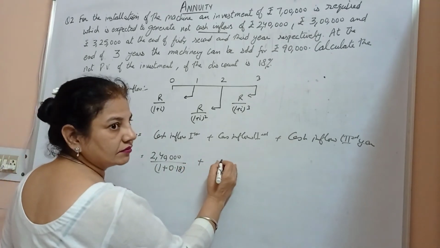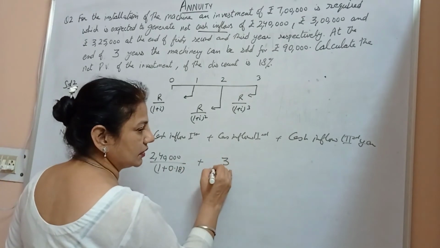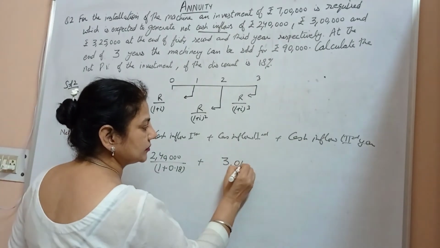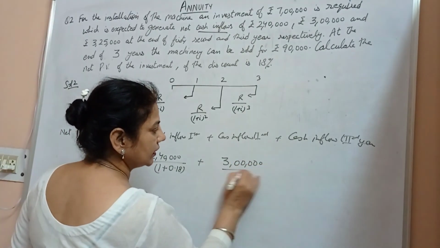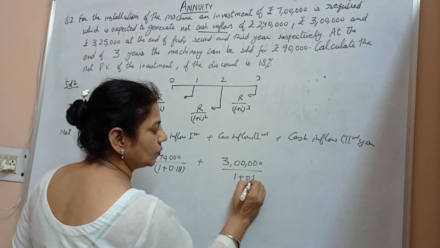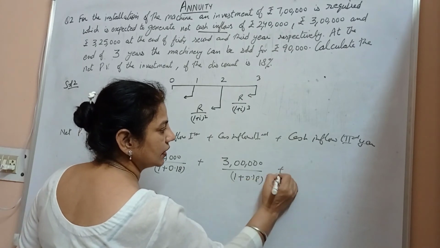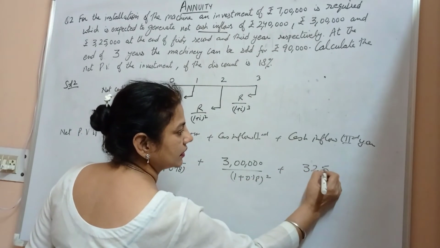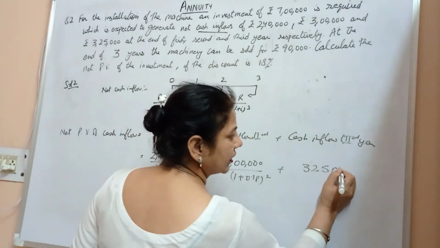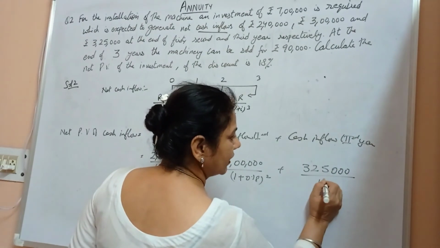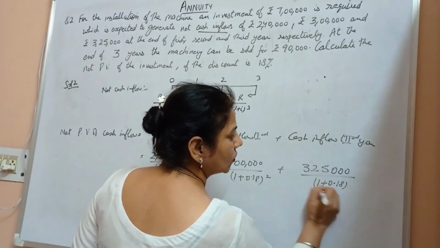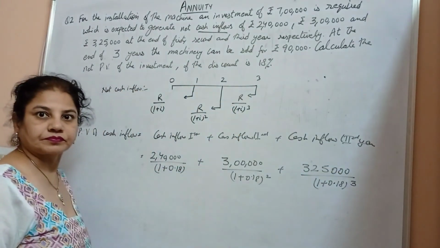For the second year, the payment is 3 lakh divided by (1 plus 0.18) whole square. And for the third year, it is 3,25,000 divided by (1 plus 0.18) whole cube.